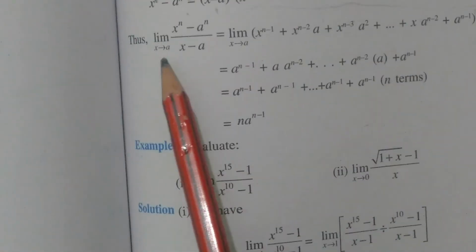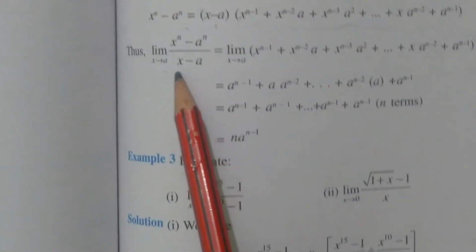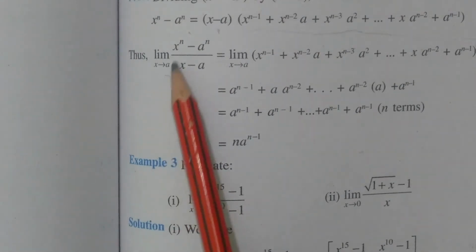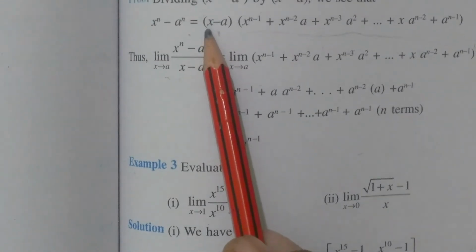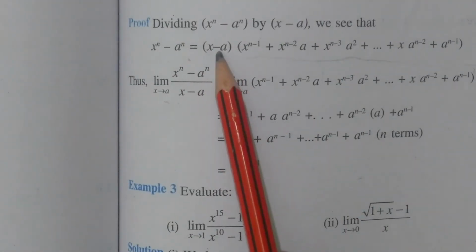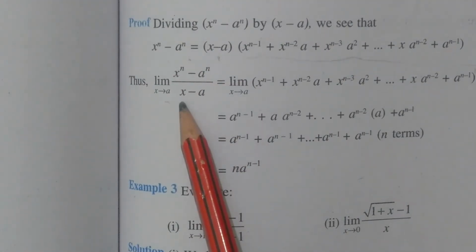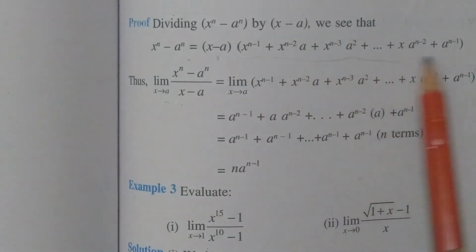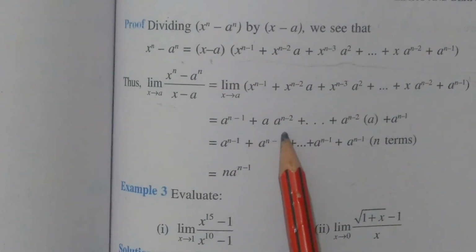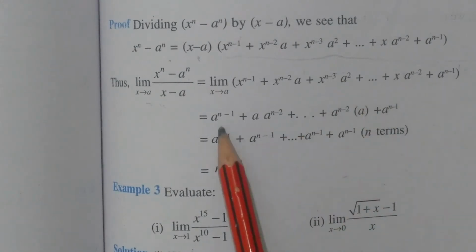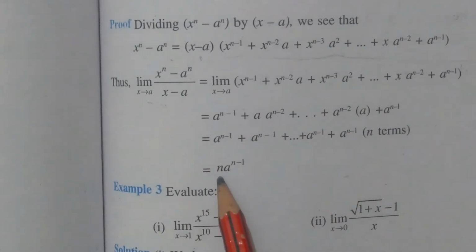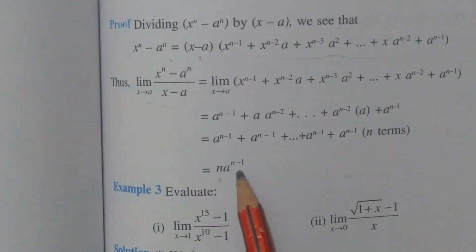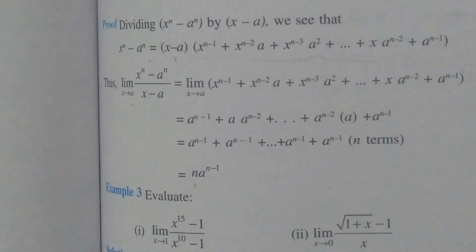Now substituting this here, the x minus a in the numerator and in the denominator is cancelled, so we are left with only this second bracket. Now we put x is equal to a, then finally we get this result, n into a raised to power n minus 1. So one result we have got.